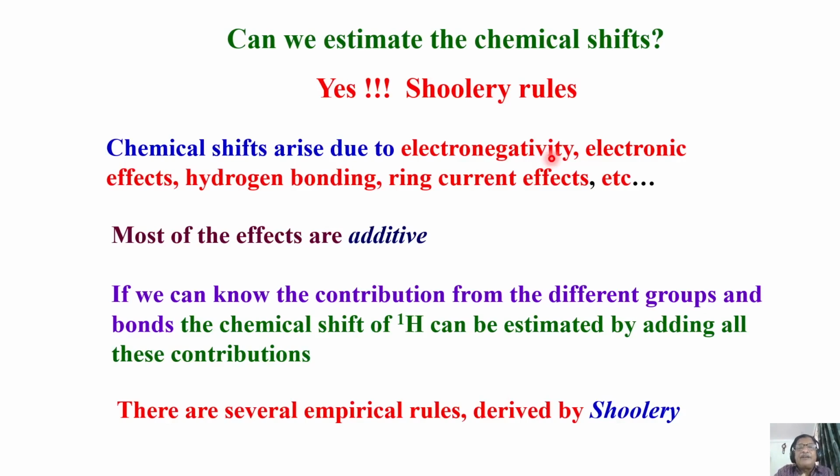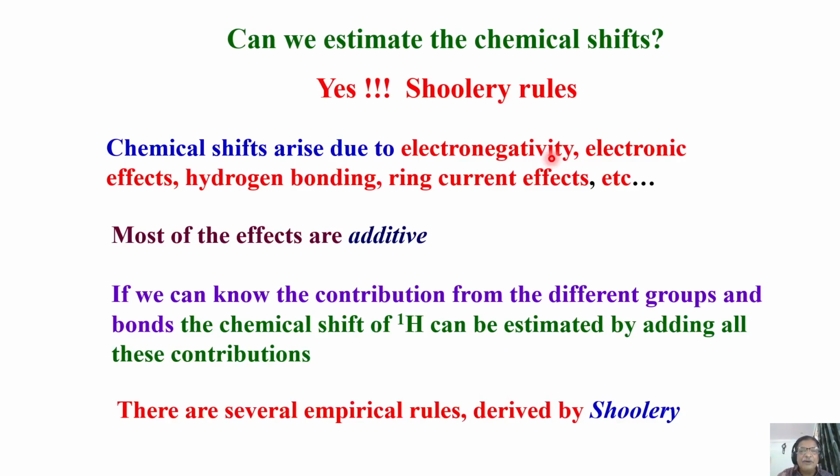Then where do you add it? You must have something to start with, right? A base chemical shift is given for a particular group by Schoolery. With the base chemical shift, you look at the other groups present and find their contributions, which are already empirically predicted, and keep adding these values to get the total.